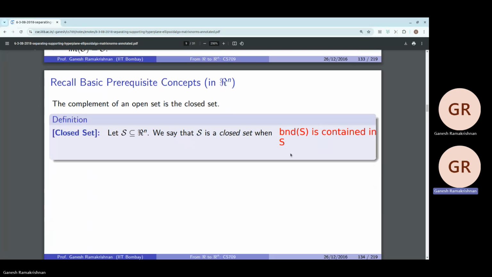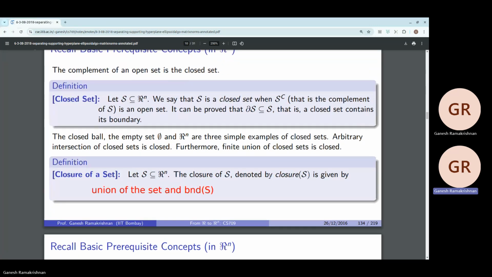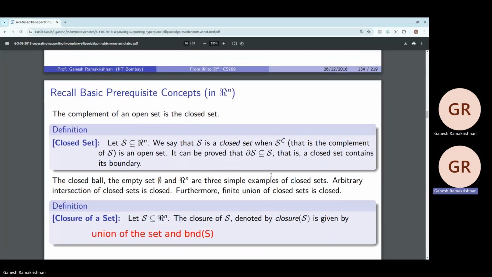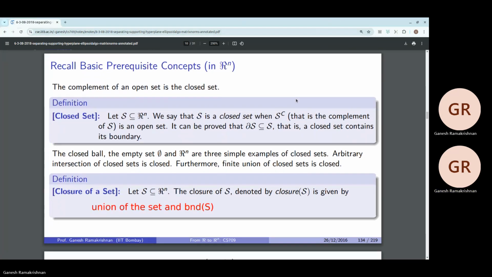So a set is closed when its boundary is contained in S, or, I've given both definitions, when S complement is an open set. And then now we come to the final one, the closure of a set. What is the closure?